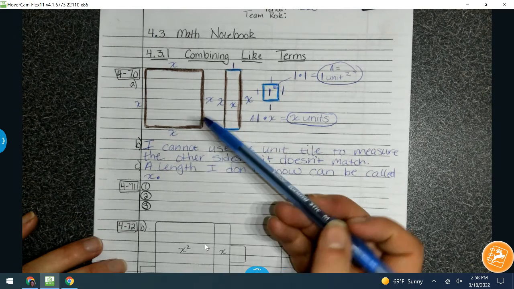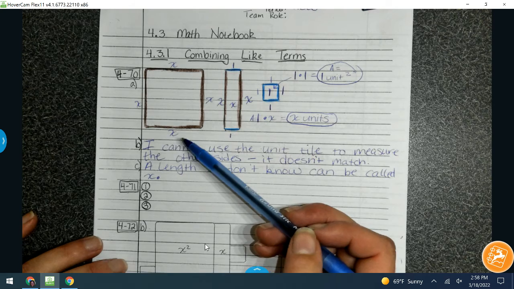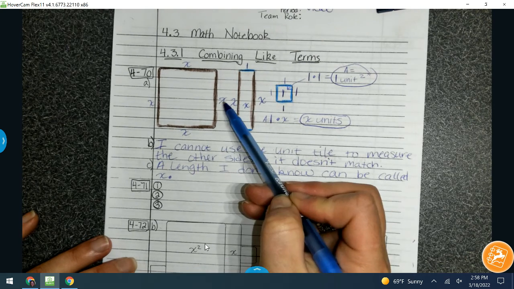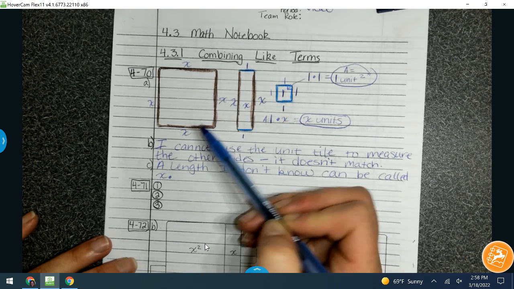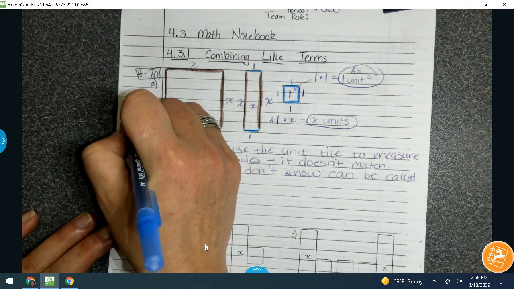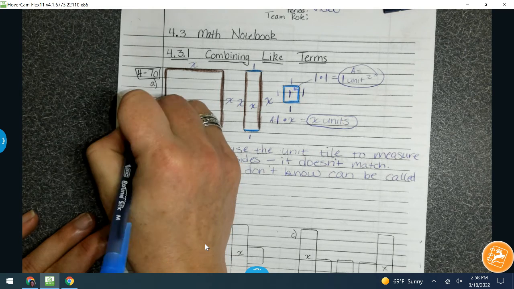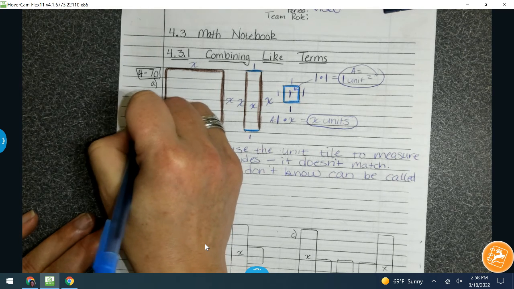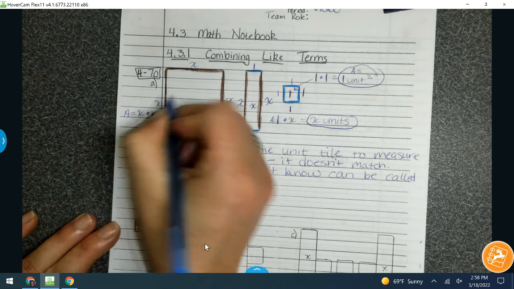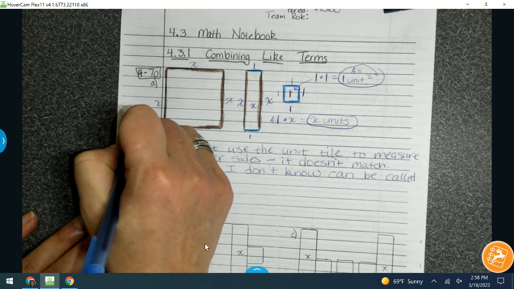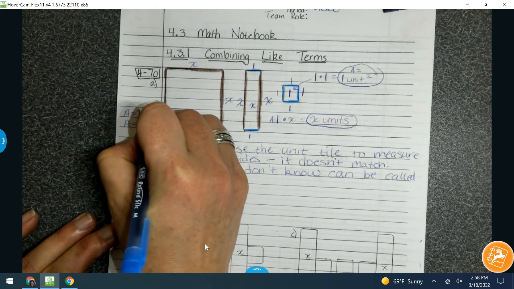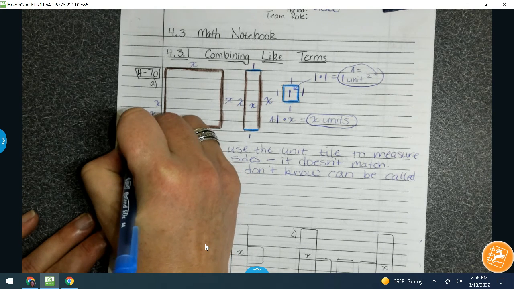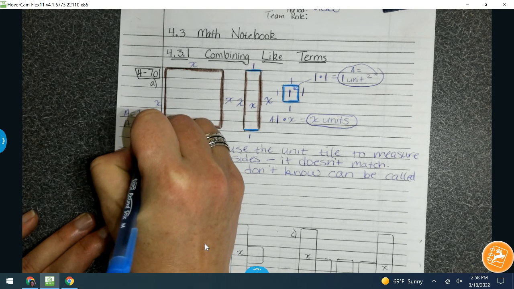And then for this guy right here, now let's go ahead and label him. For this one right here, again, it's a rectangle or a special rectangle called a square. So I have where my base is X and my height is X. So for this one, my area is equal to X times X, which is the same as X squared, unit squared.